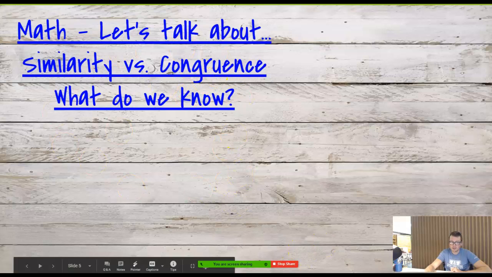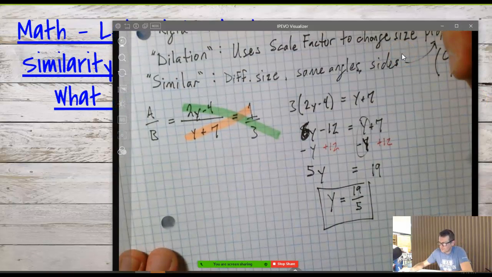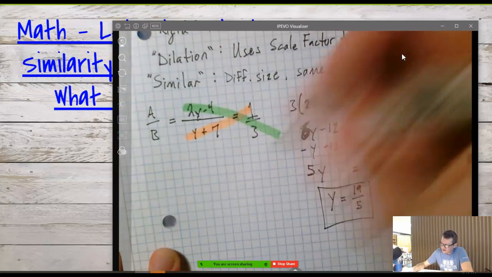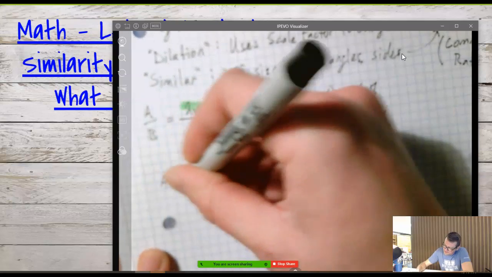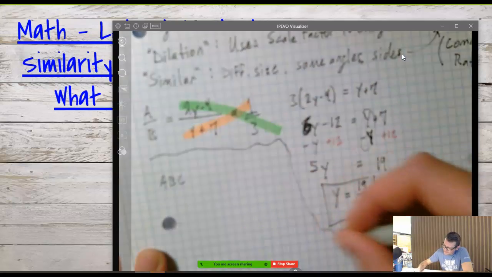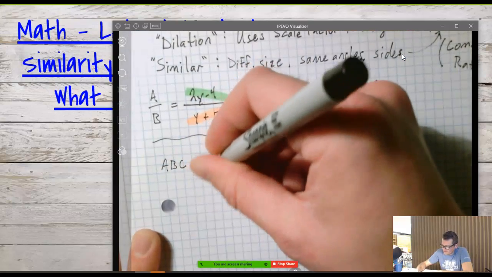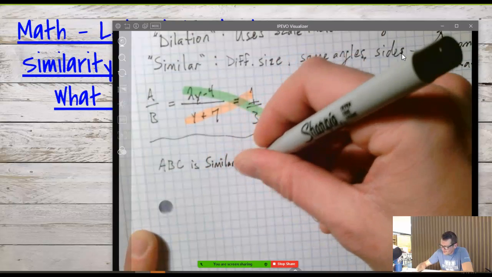So let's say that we have, this doesn't work up here very well. Let's say we've got a shape where ABC is similar to DEF.